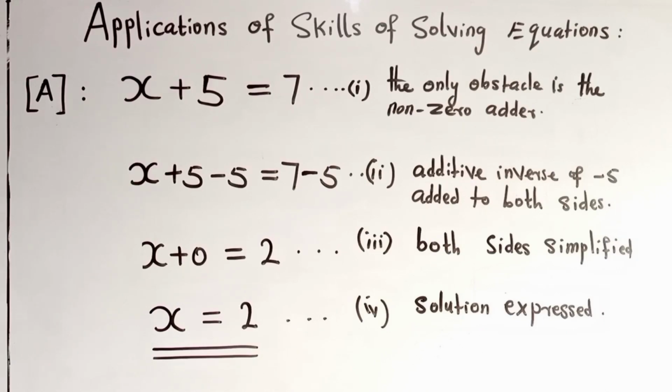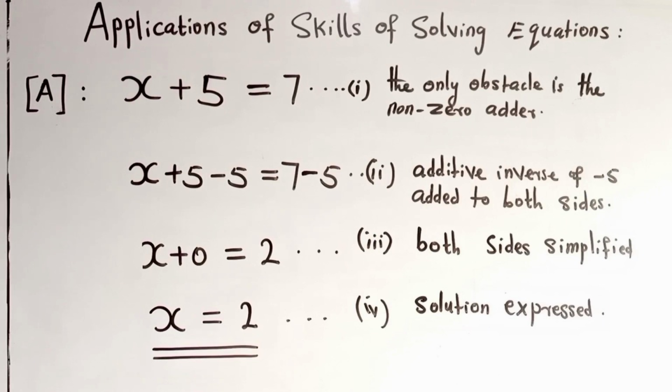Please, again, watch the board to find number A of examples which we intend to use to learn how to apply these skills. The equation says x plus 5 is equal to 7. It means that there exists an unknown number, and since it is unknown, we use the x to represent it.